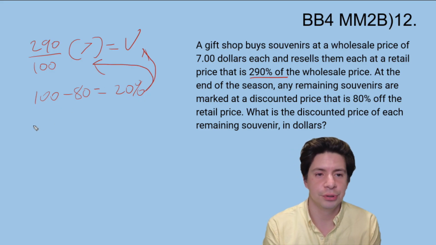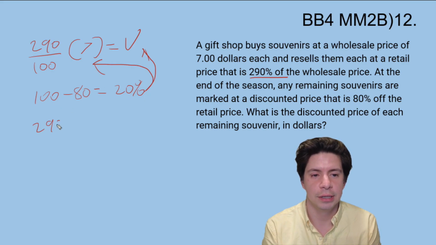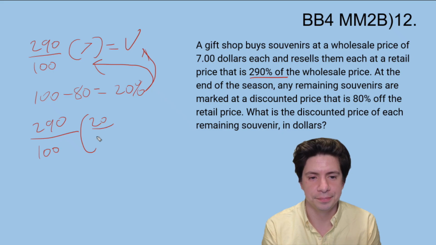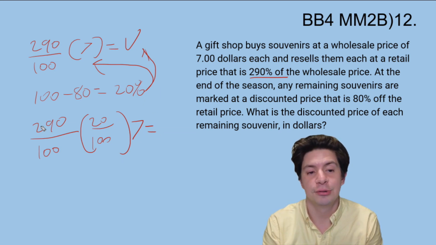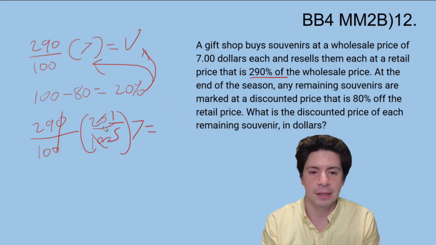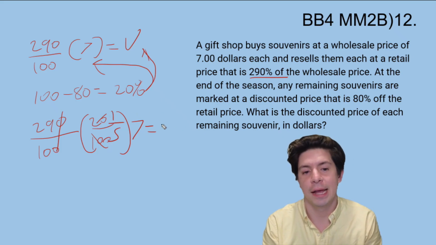So what you can do is you can do 290/100 times 20/100 times 7, and that'll get you the answer directly. So for this one, you could simplify a bit and make it 29/10, and this could become 1/5, but the math is still kind of ugly, so I would just plug into the calculator and solve.